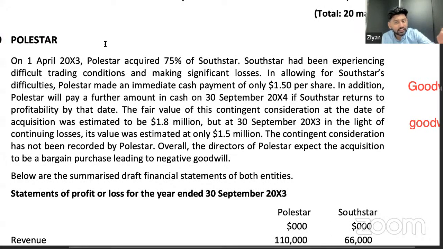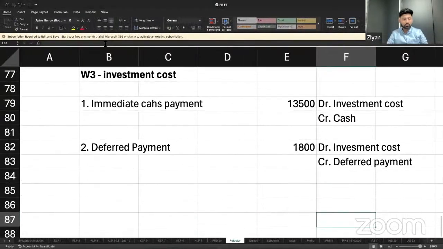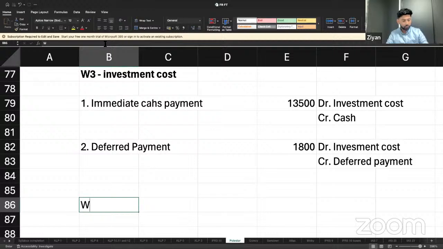The fair value of this contingent consideration at the date of acquisition was estimated to be 1.8 million, but at 30th September 2013, in the light of continuing losses, it was valued only at 1.5 million. You thought you're going to pay 1.8 million, but the company is making losses. So now you estimate it to be 1.5 million. Listen, look here.